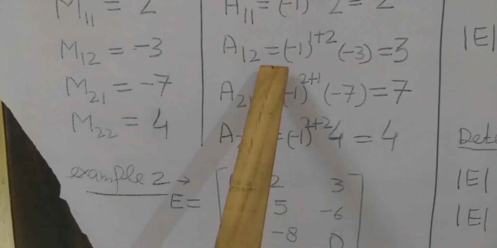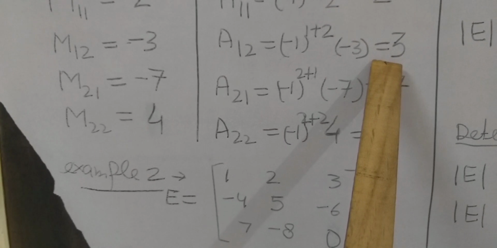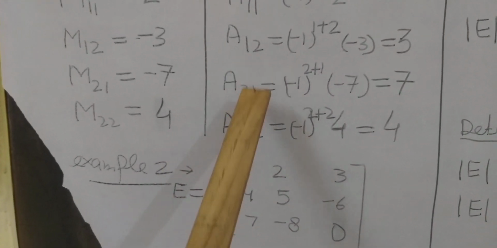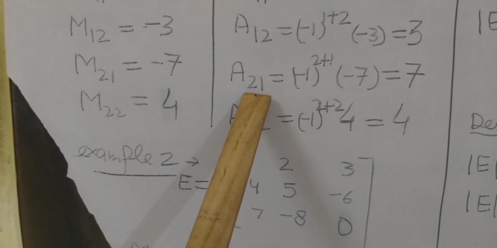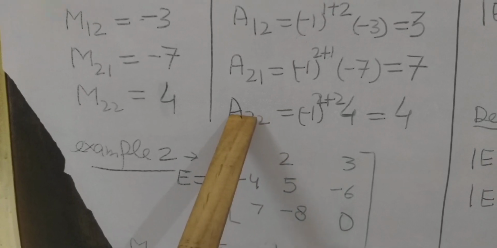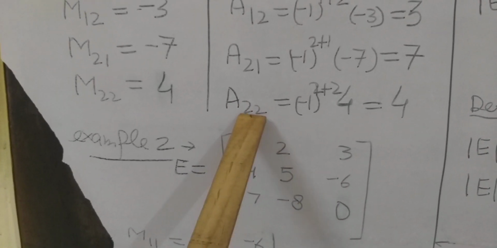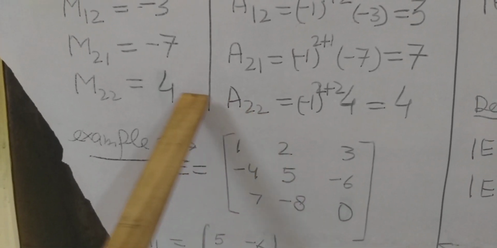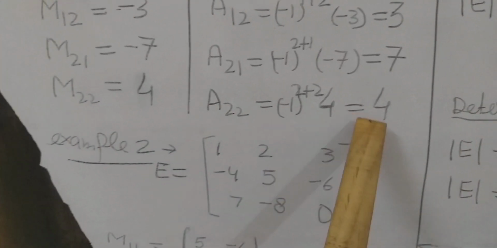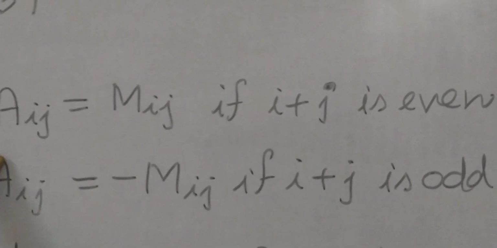So the minor sign we have to change to get the cofactor. Here, 2 or 1, 3, odd. So we have to change the sign of the minor to get the cofactor. A22, i plus j, 4 is even. So its minor and cofactor will be the same.